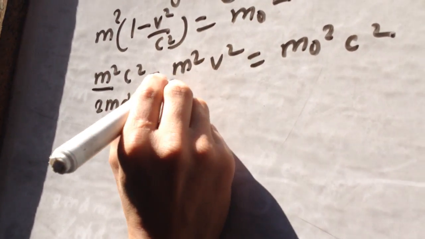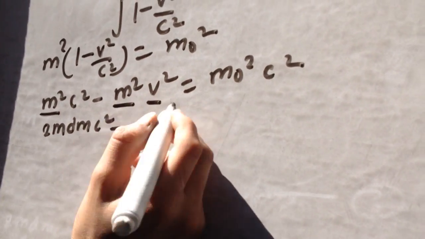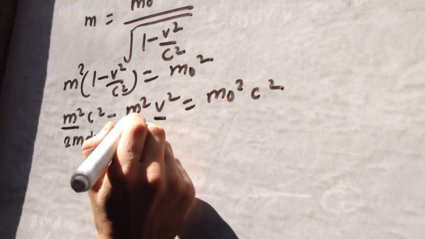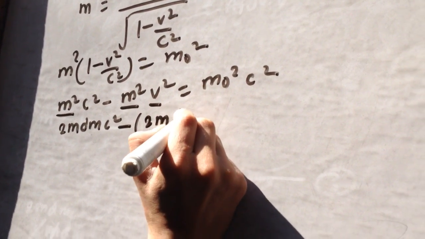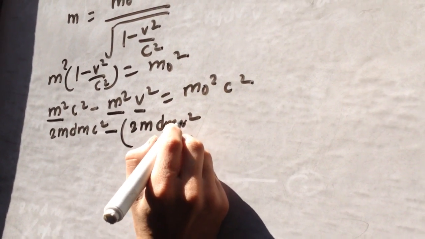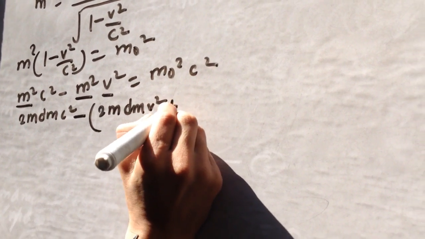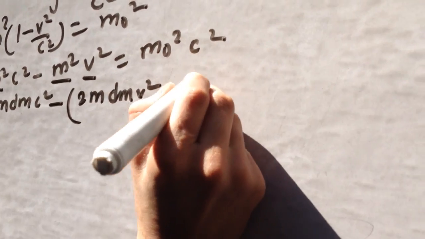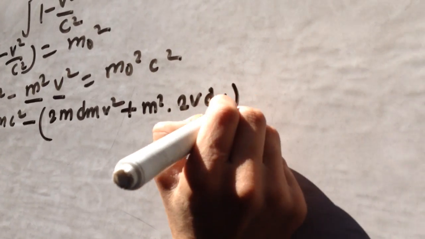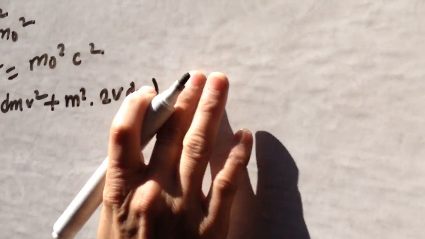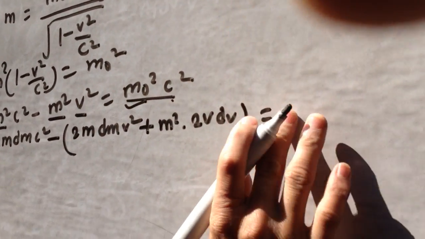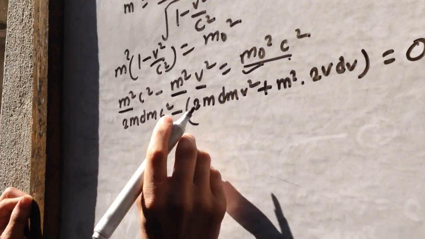But mass and velocity are both variable, so we apply the product rule: 2m dm v square, where we differentiate the mass and keep the velocity constant, plus m square 2v dv, where mass stays constant and we differentiate the velocity, is equal to the derivative of m naught square c square. Since the rest mass m naught and c are constant, that derivative is 0.